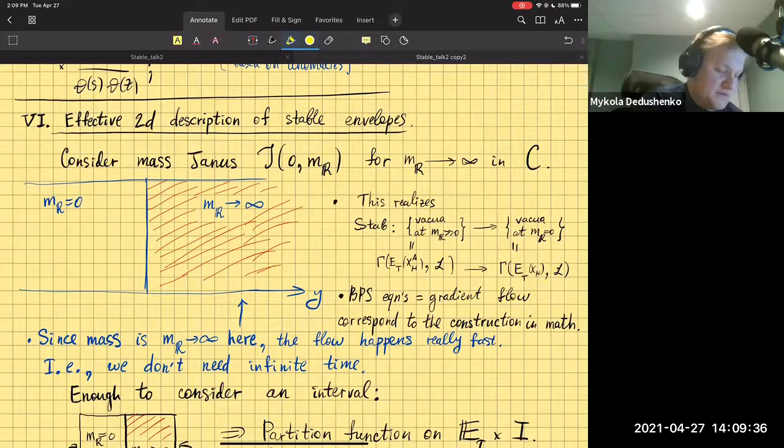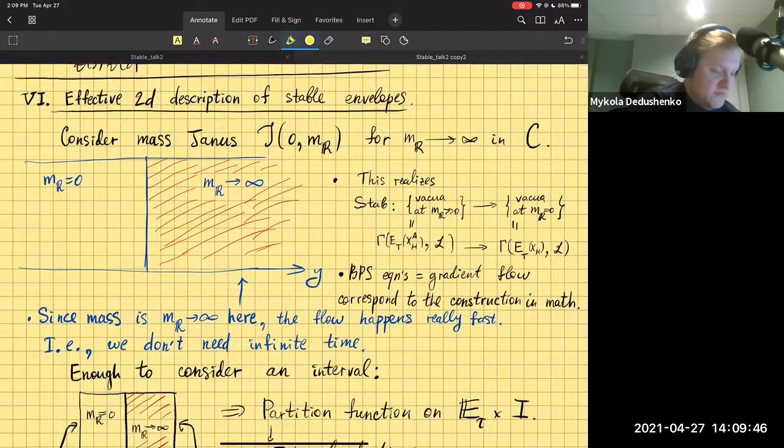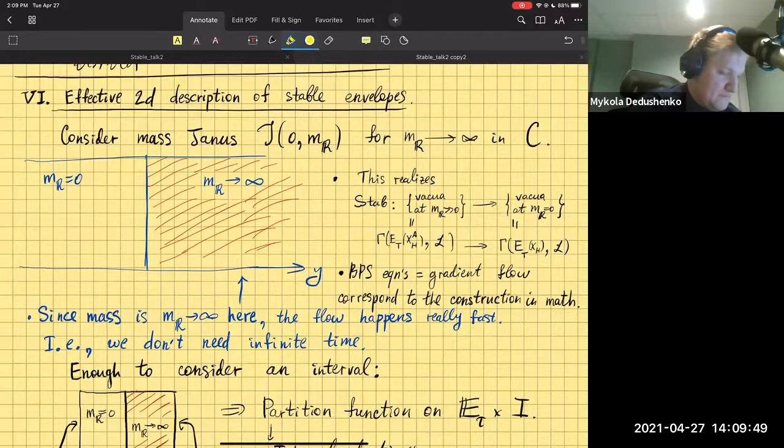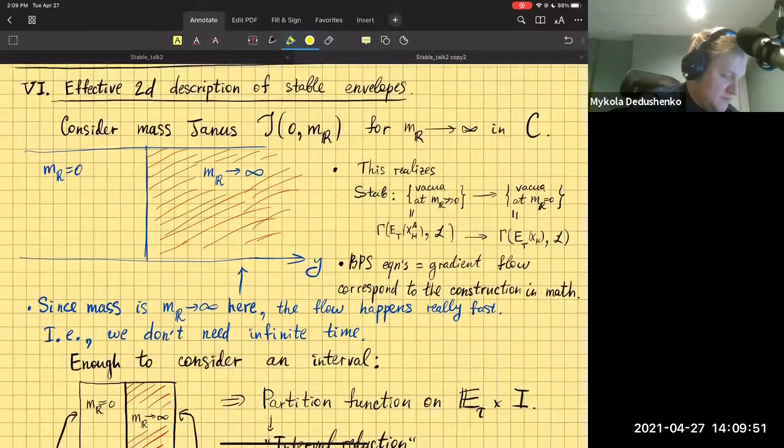And then, as I said earlier, the BPS equations, the gradient flow, are similar to what appears in the mathematical constructions of stable envelopes. So we expect that this would be the same object, up to normalization.